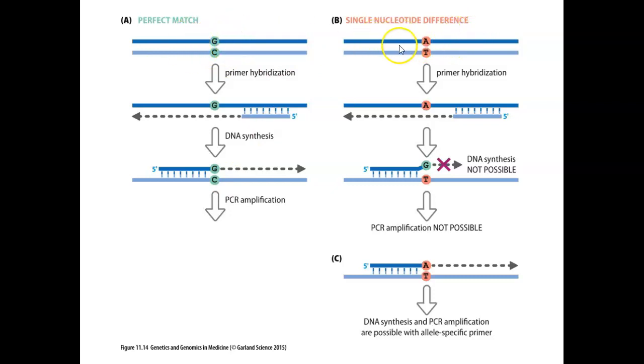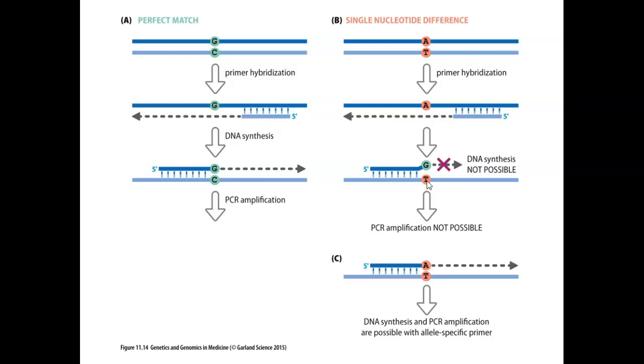So now let's repeat the same process. Here's the DNA. We separate them through the denaturing step, and now we have the primers annealing, but you'll notice that on this strand, this is right where the single nucleotide difference is.